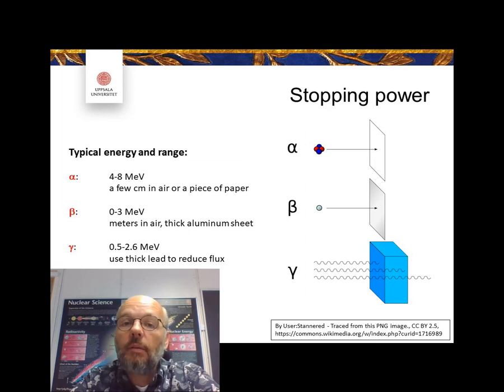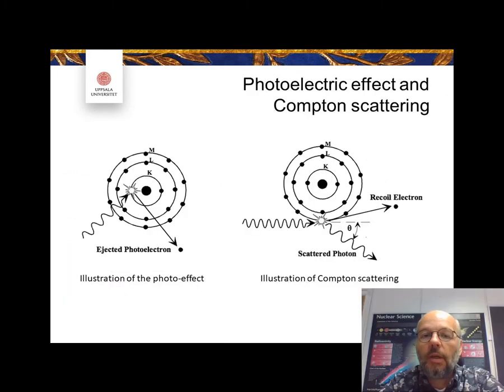The reason is that their interactions with electrons in the atomic shells are of a very different nature. That is because an alpha particle or an electron carries charge, while a photon or a gamma ray does not carry any charge. So the interaction of the gamma ray with matter is called the photo effect and Compton scattering.